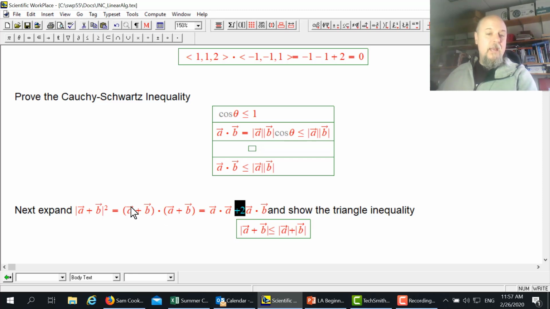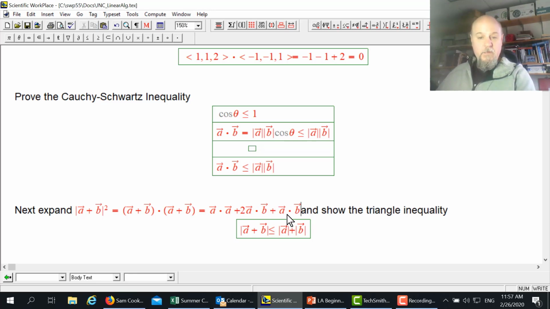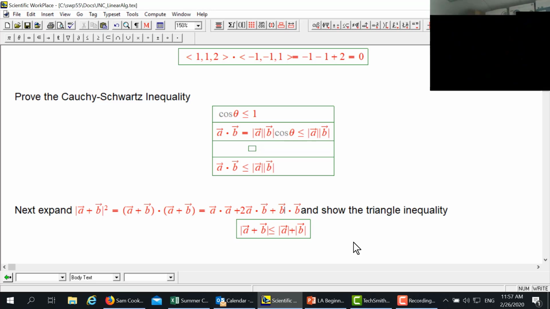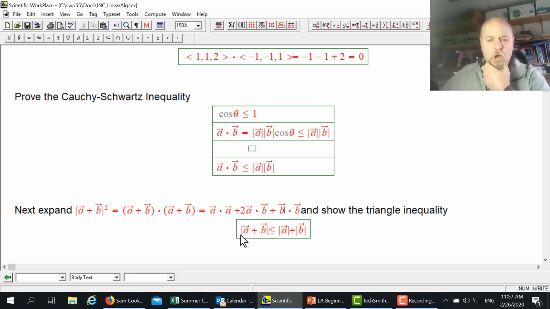I get B dot A and A dot B, but we know they're the same thing. Plus B dot B when I expand this out. So let's focus on what we're doing.